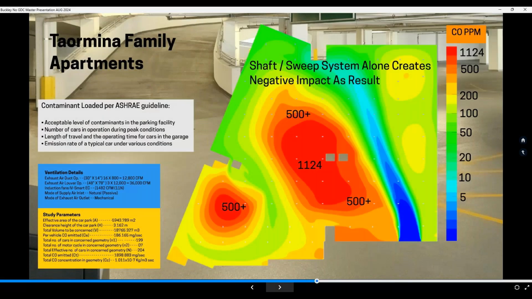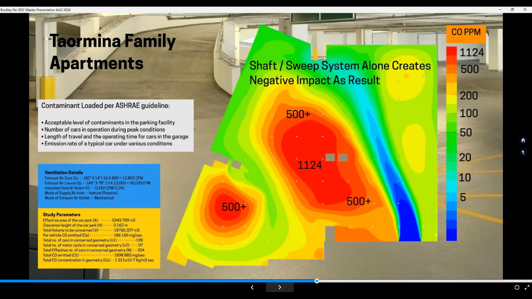He said if he looks at the shaft sweep system alone, there's a negative impact created to the project. So again, through CFD analysis, we introduced carbon monoxide uniformly based off the criteria found in ASHRAE. You can see that under maximum ventilation, we're moving 0.75 CFM.